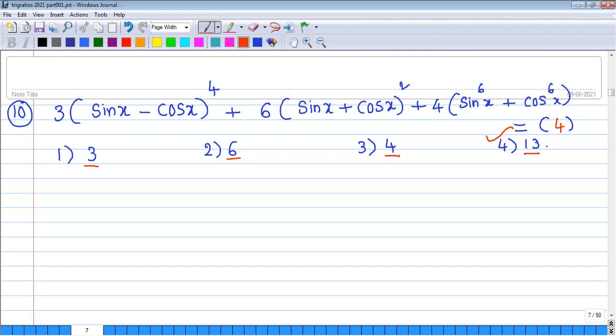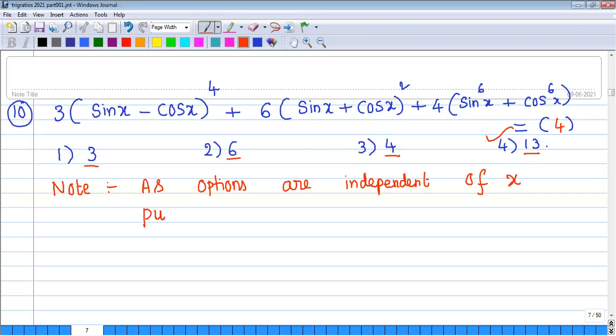As the options are independent of x, that means they do not depend on the values of x. That means we can choose any x value.